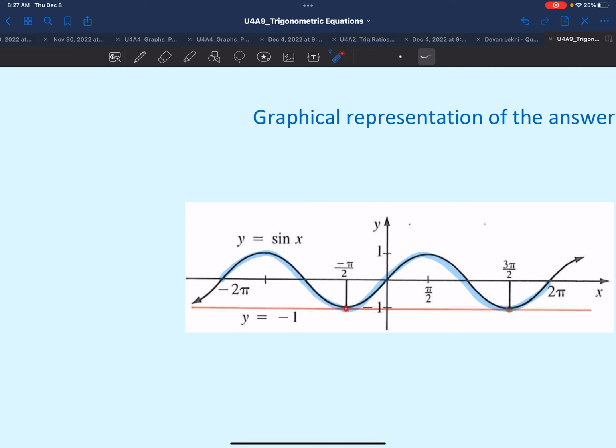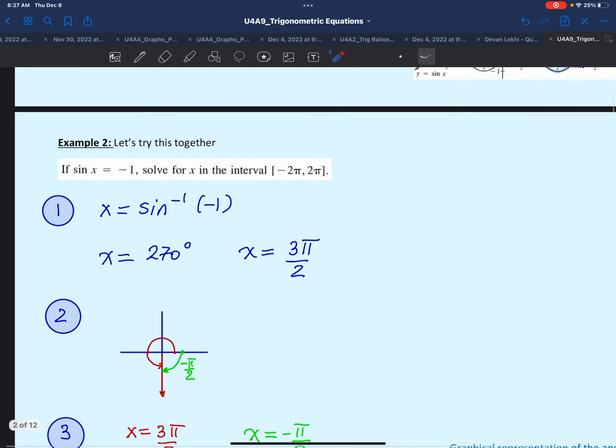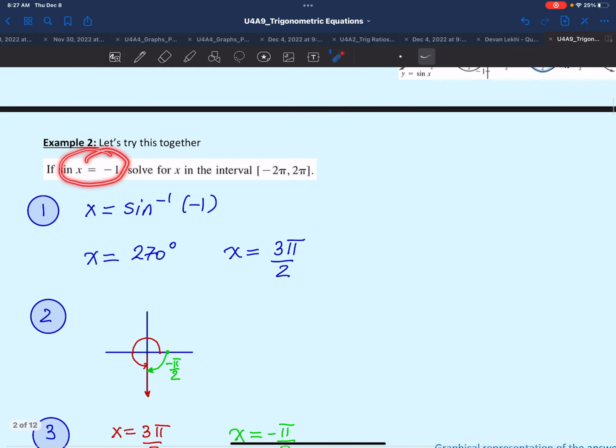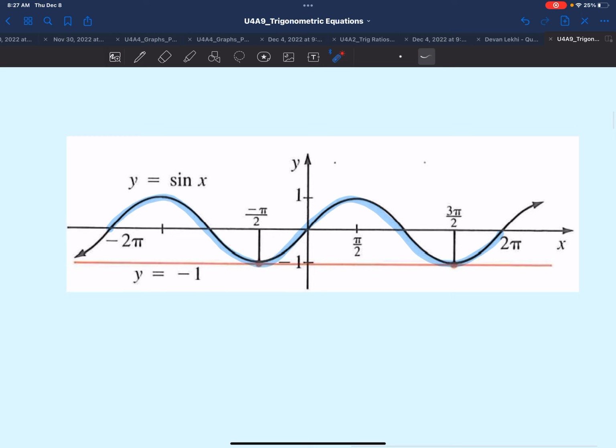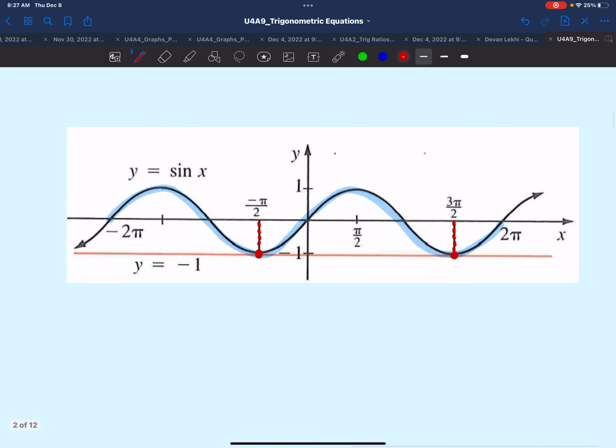As you can see, we want sine of x to equal negative 1, and that would happen at these two particular points. The only points where the graph will have a value of negative 1 are at x equals 3 pi over 2 and x equals negative pi over 2.